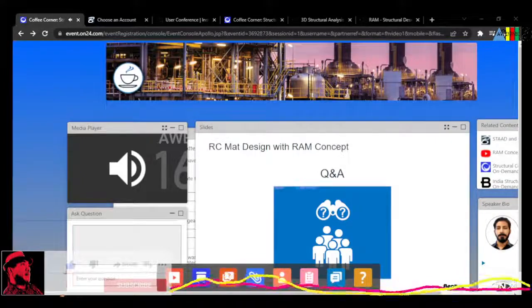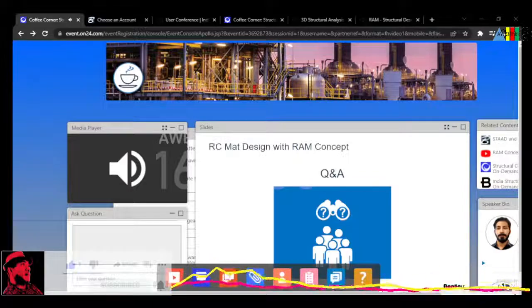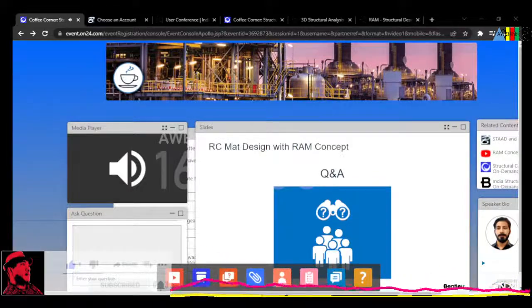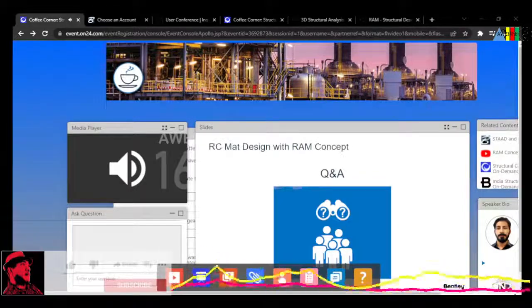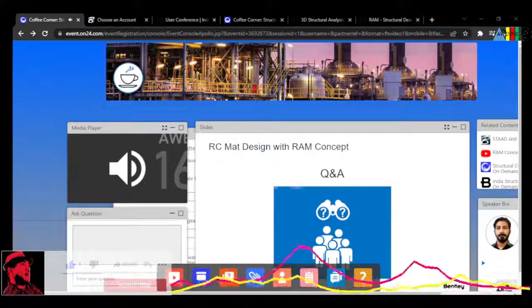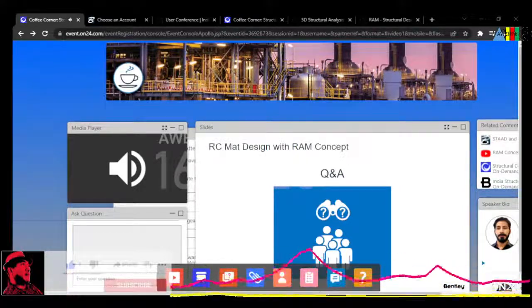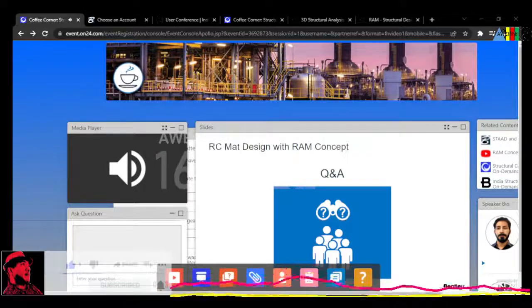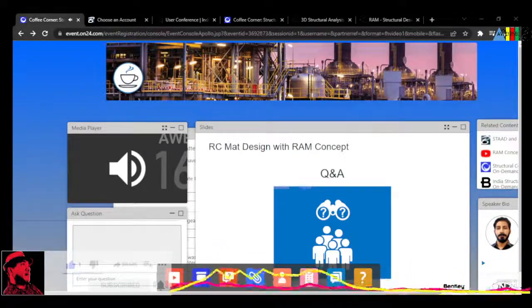If whatever you have seen here is relevant to the foundation type that you are looking for, then you can definitely use RAM Concept. In STAAD, we have a program called STAAD Foundation Advanced that has the design for isolated, combined, pile cap and mat foundations. Those are the general types of foundation, as well as plant types of foundation, like vertical vessels or heat exchanger foundations.